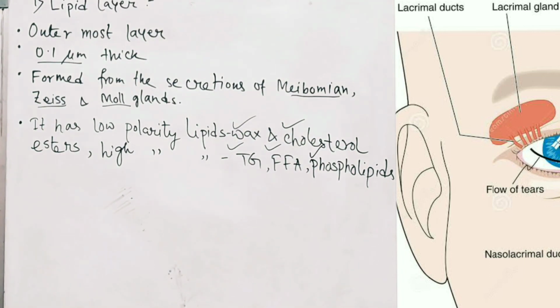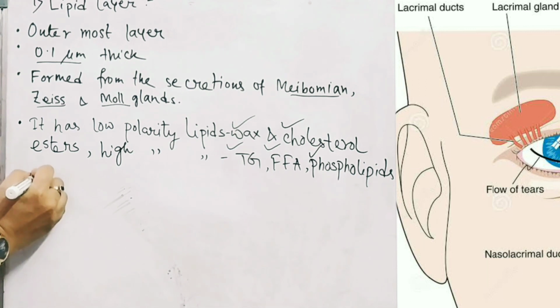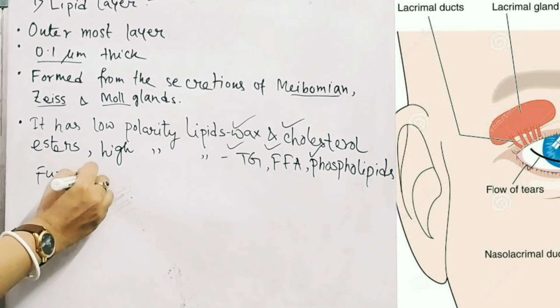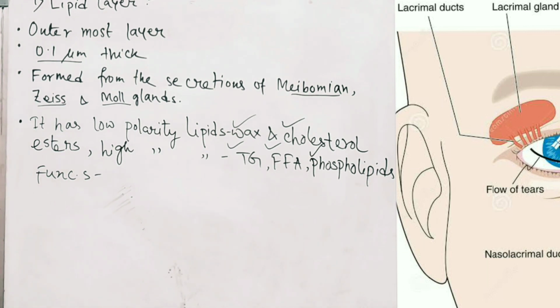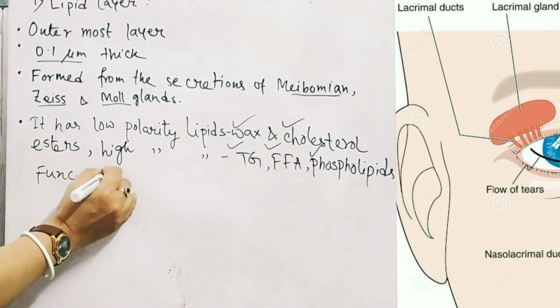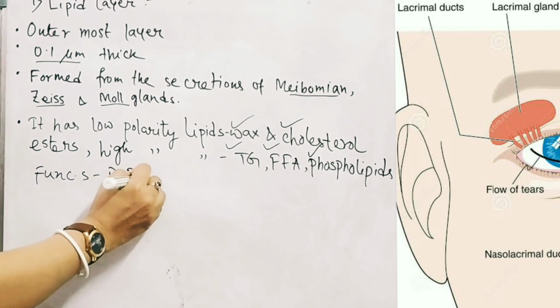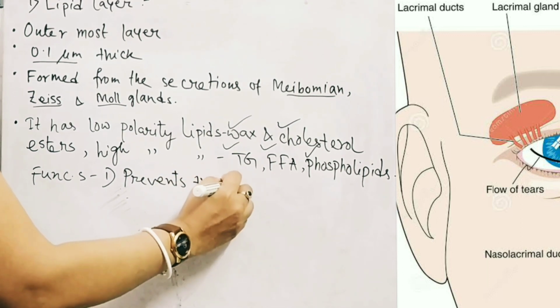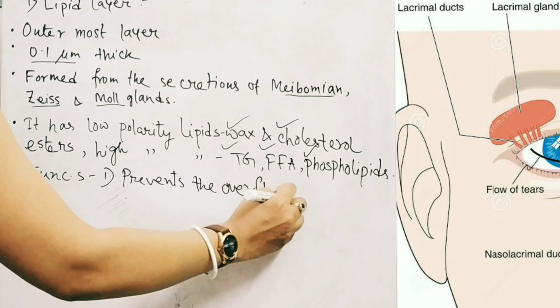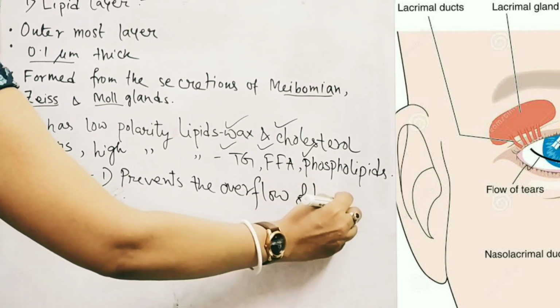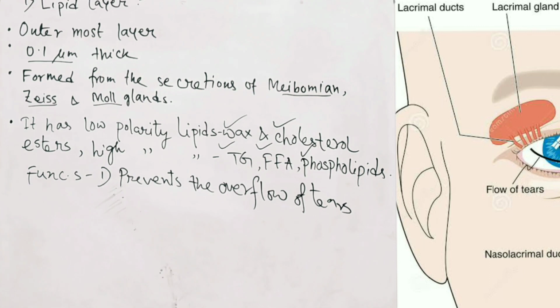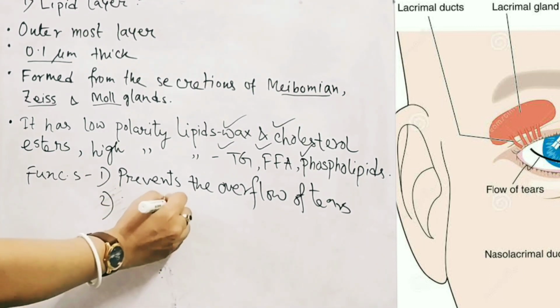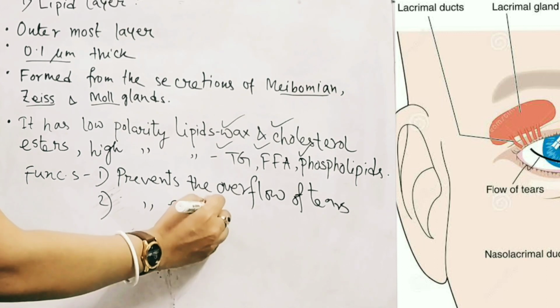So this lipid layer, why is it present in the outer part? The most important functions are: number one, it prevents the overflow of tears, and number two, it prevents evaporation.